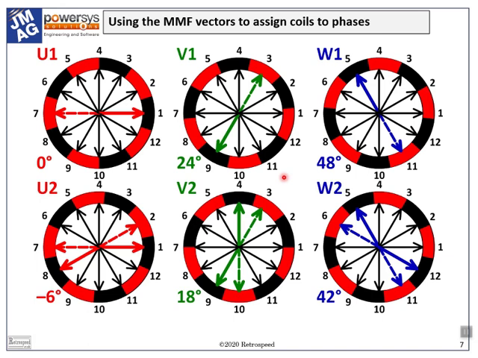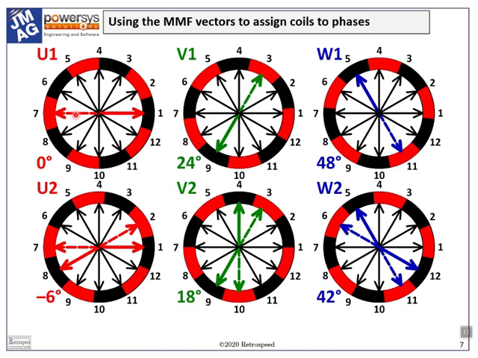This connection is shown in diagram U1 at the top left, with the coil axis arrows of coils 1 and 7 colored red for phase U. The reverse connection of coil 7 is denoted by means of a dashed line.